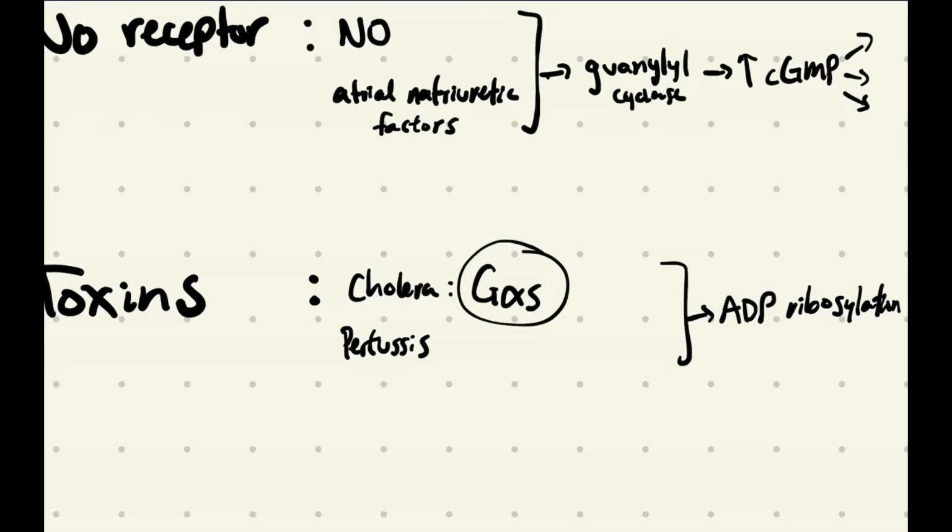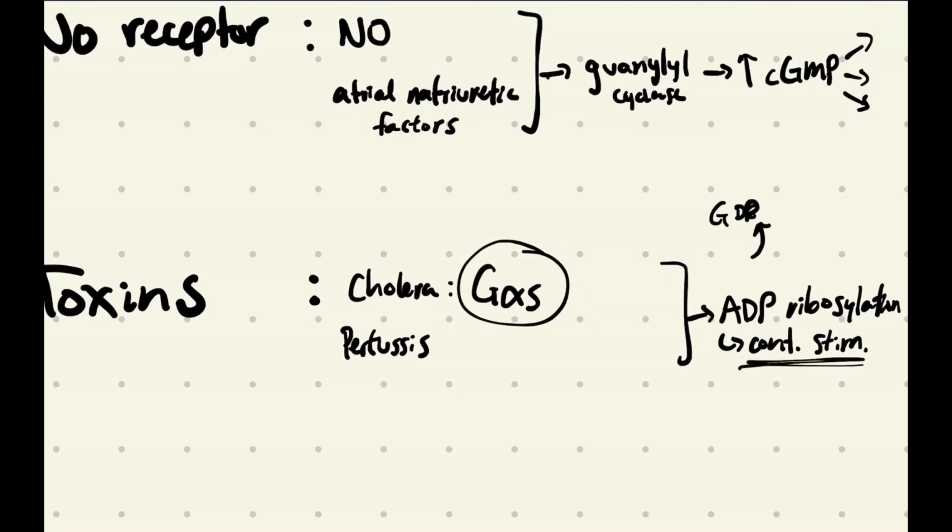And that just leads to continuous stimulation of those pathways, because remember that those pathways need to have their GTP converted back into GDP to be inactivated, right?